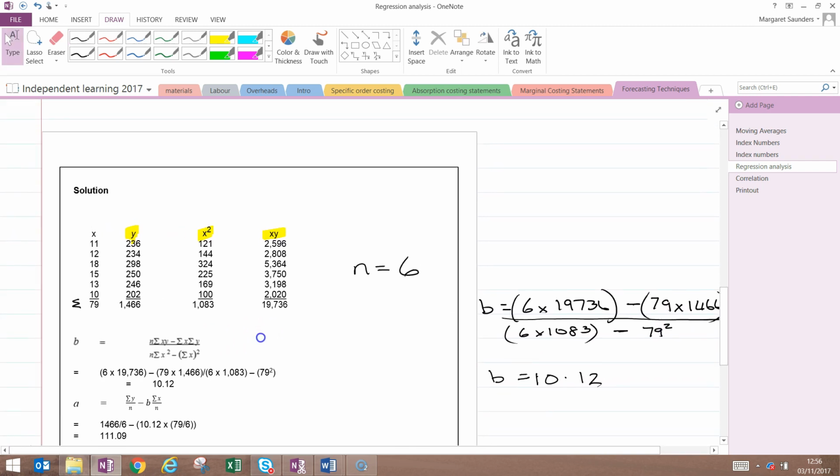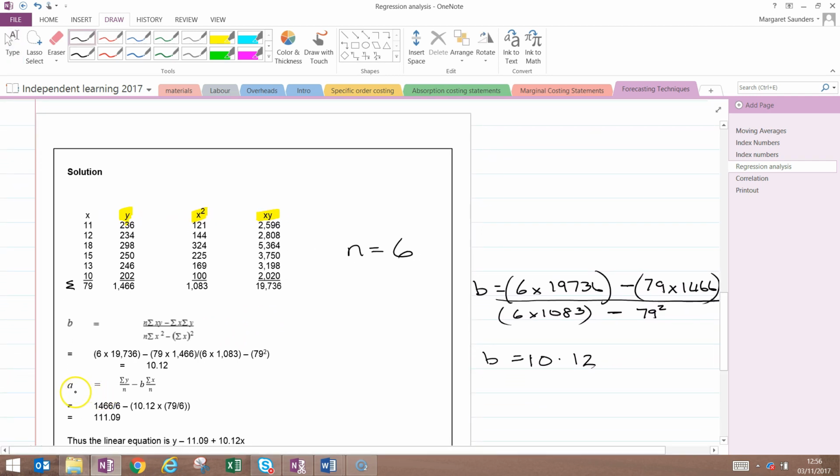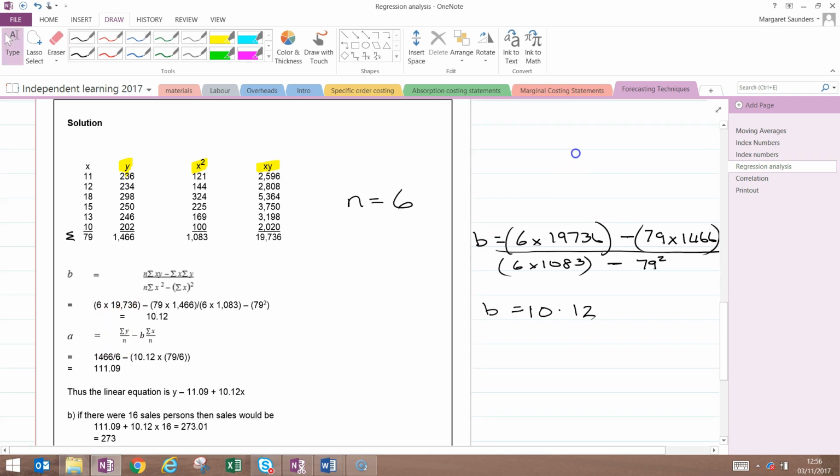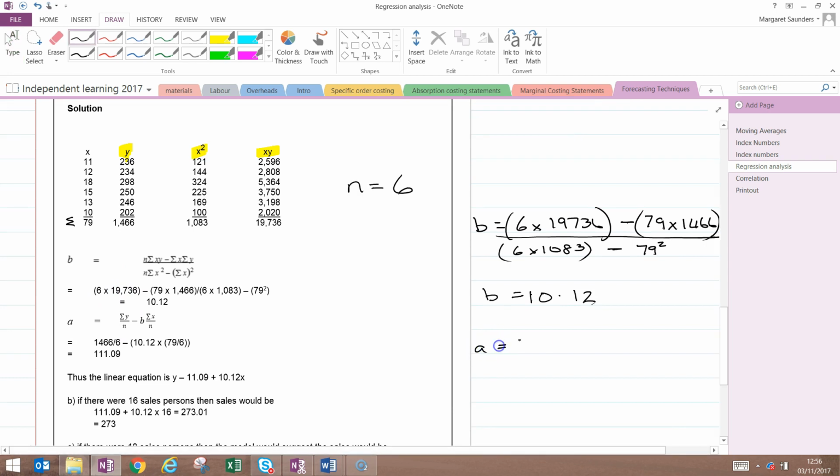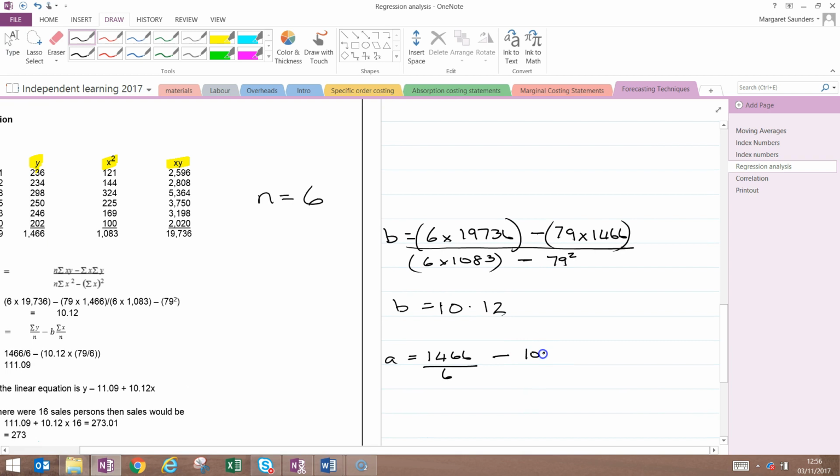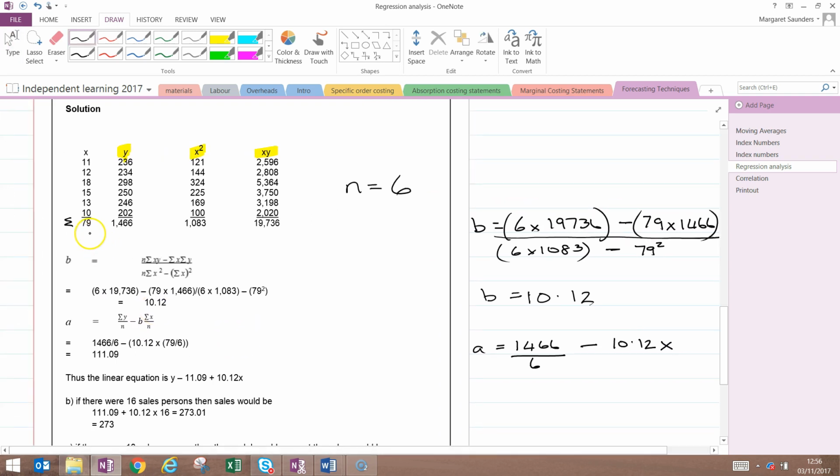Now we can look at the formulae for A. A is equal to sigma Y, so that's the total of the Y column, divided by N, that we know is 6, minus the value of B, so 10.12, times sigma X, so that's the total of the X column, which is 79, divided by N, which is 6.